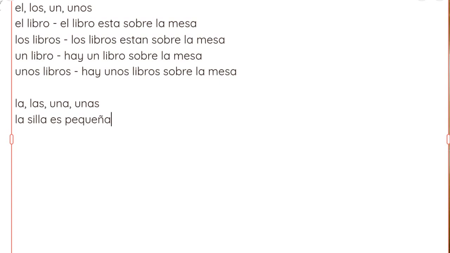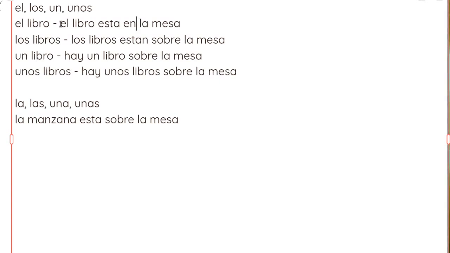Or to continue with the table, let's say la manzana está sobre la mesa. La mesa. Okay, another thing to note over here, I'm using the word sobre. Okay, but it can be also replaced by en.